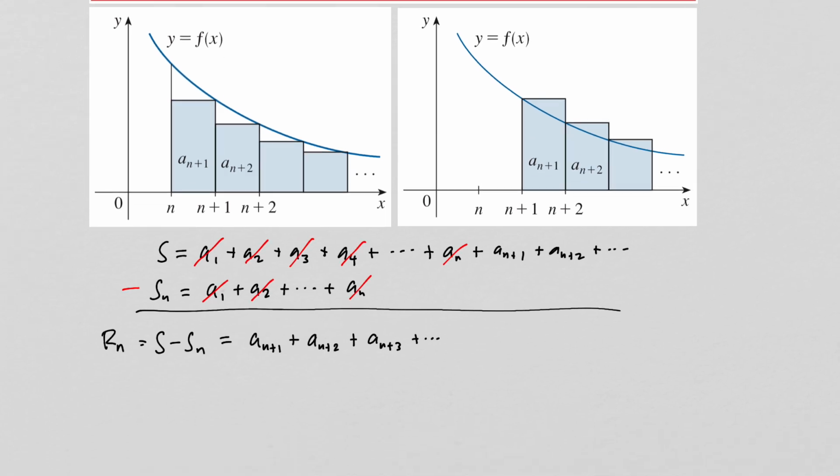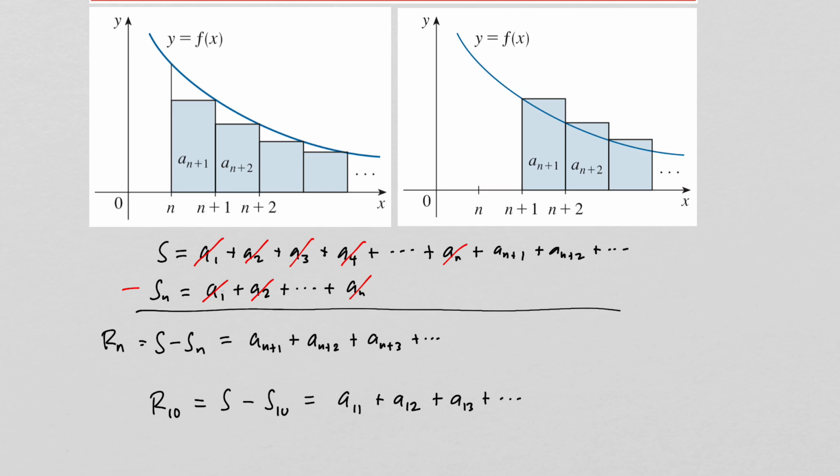So for example, if I look at R_10, R_10 is the sum of the series minus the sum of the first 10 terms. So that is going to be the sum of the 11th term, 12th term, 13th term, and so on forever. So it is what remains after we take away the first 10 terms. So this is why it is called the remainder.